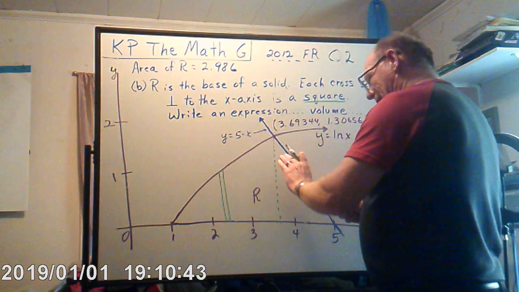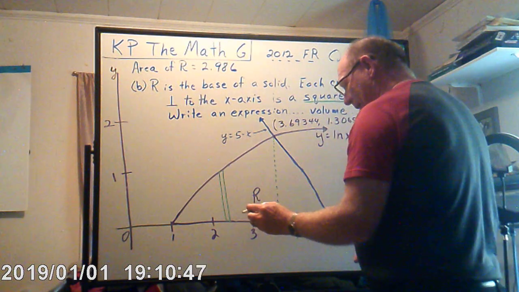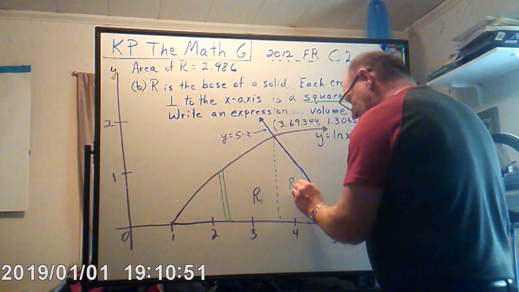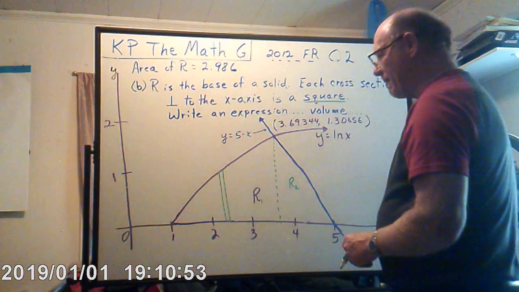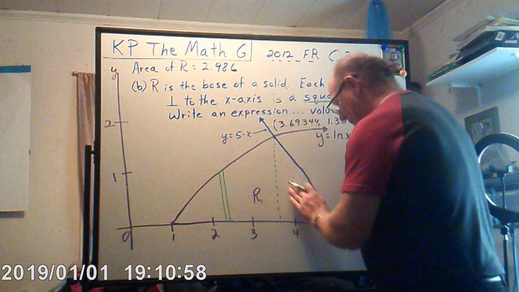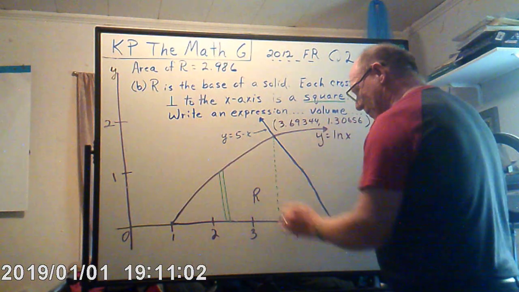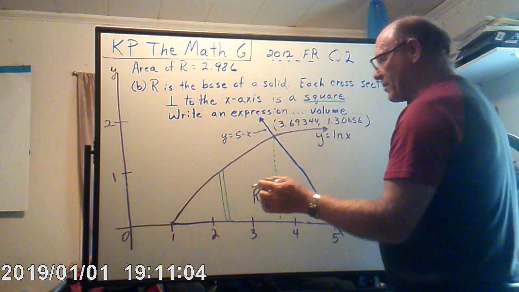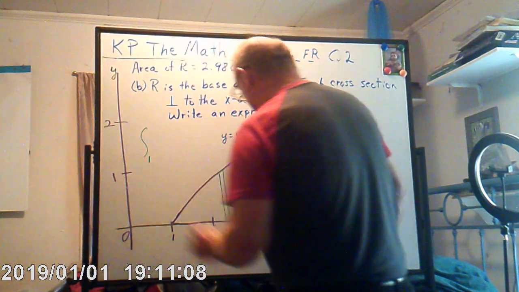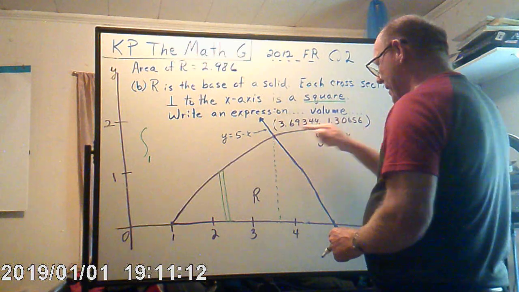Actually we're looking at this region 1 here, and then we'll look at this region 2. So we're looking at this subinterval here that deals with ln. We are going from 1 to the x value. Don't do the y, only the x.